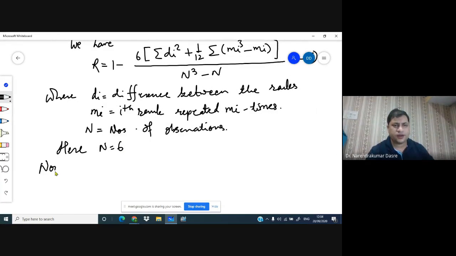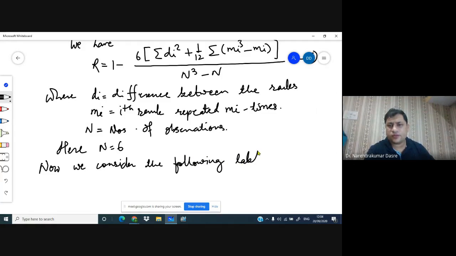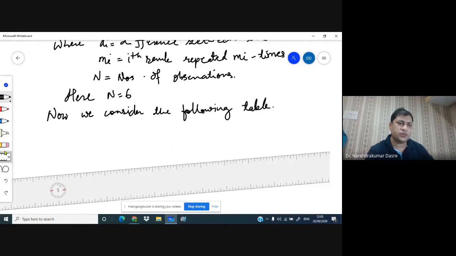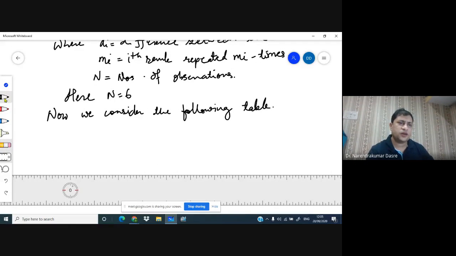Now we consider the following table. The table is as usual.